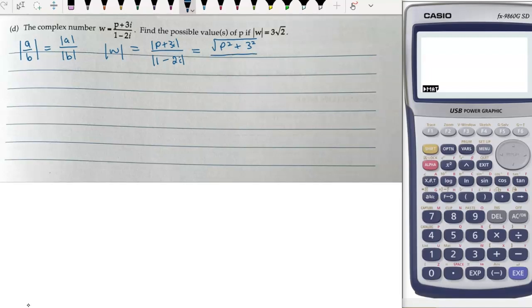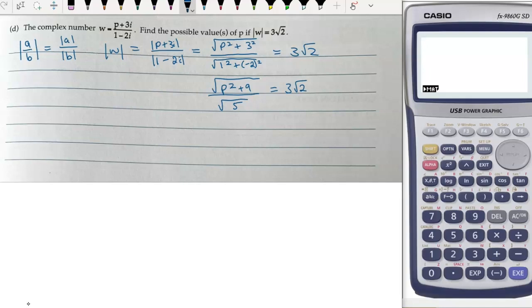And we're going to do that on the bottom as well, the real part squared plus the coefficient of the imaginary part squared. And we're setting that equal to 3 root 2. So the next line, we've got the square root of p squared plus 9 over the square root of, well, 1 squared is 1, 2 squared is 4, so we've got root 5 is equal to 3 root 2.